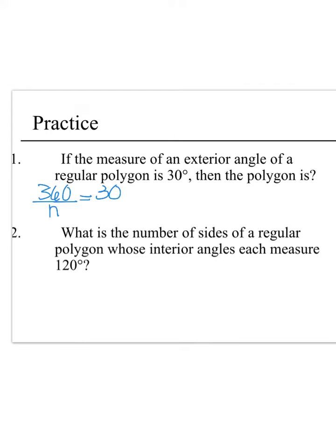That's cross multiplication, and I'm not testing you on that. So anytime you have a variable in the denominator and you have something that looks like a proportion, just switch the n and the 30. So 360 divided by 30 is equal to n. These two cancel out, and 3 goes into 36 12 times. So this is a dodecagon.